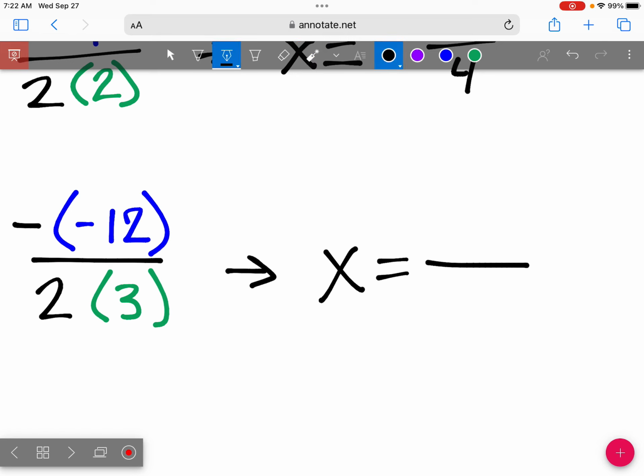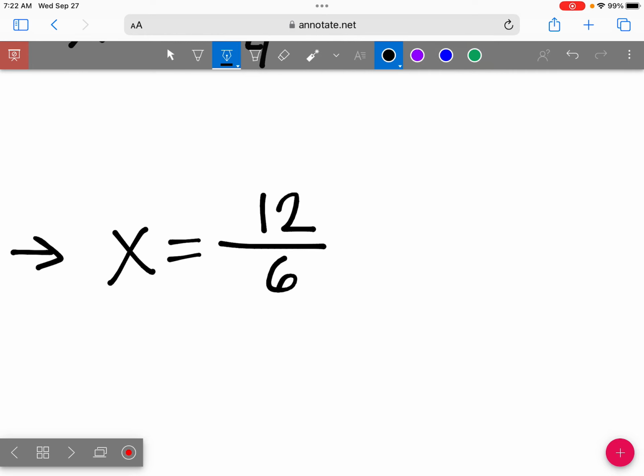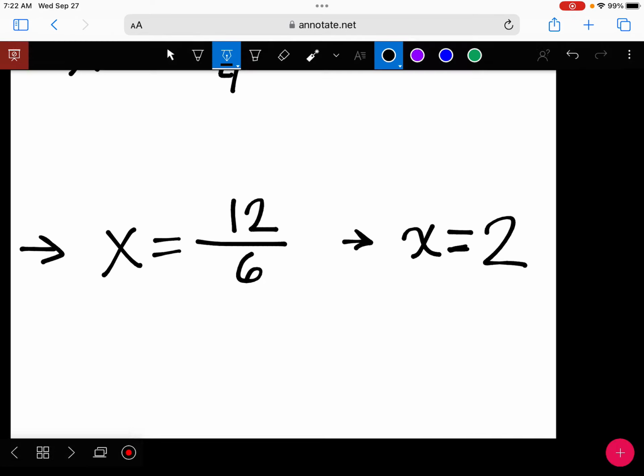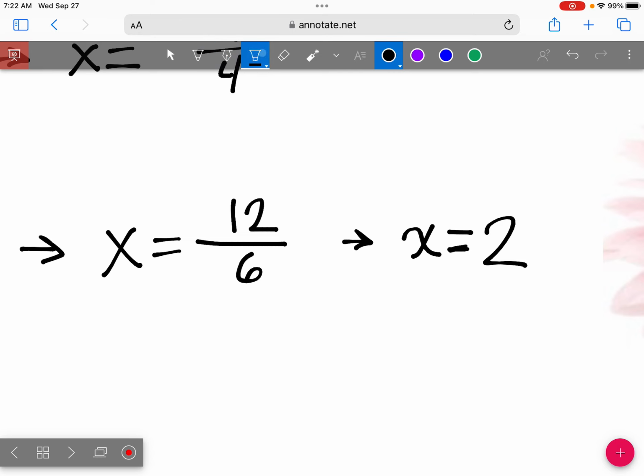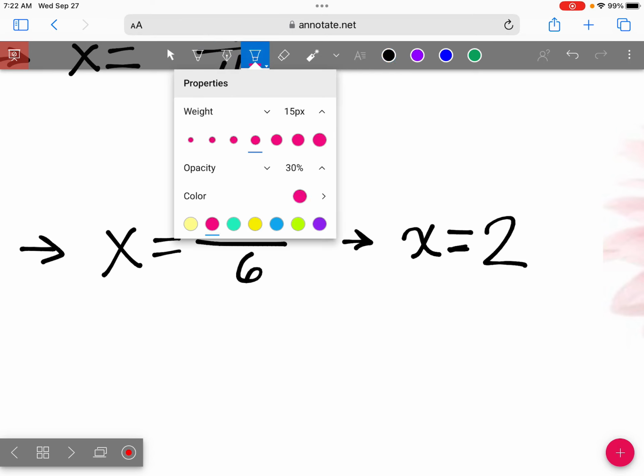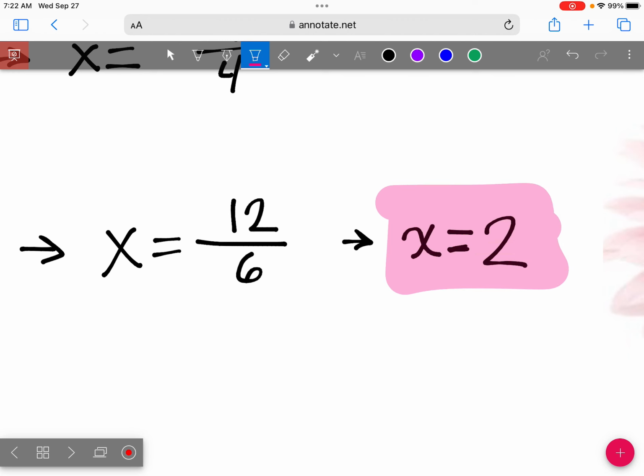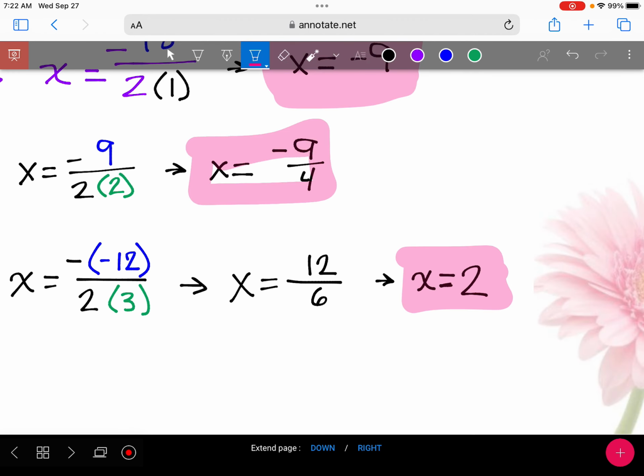Just 12. And the denominator is 6. What is 12 divided by 6? 2. So this is our answer here, and this one's our answer here. So being able to find that axis of symmetry is going to be one of those things we use bunches and bunches and bunches.